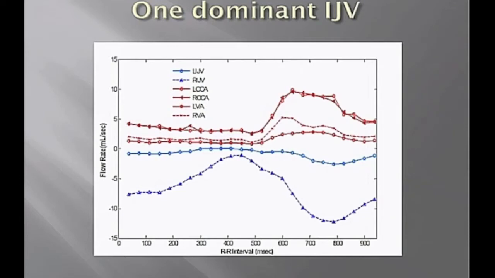And here is a left internal jugular vein, which is fairly constant and fairly low for this individual. And here you have the right internal jugular vein, and you can see that it slows down here, which is quite common in this region, just pre-systole, and then peaks up to above 10 milliliters per second. So this is just one example of what you can measure with these types of flows.